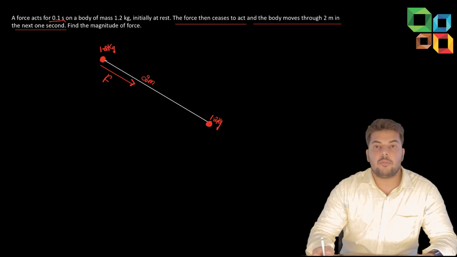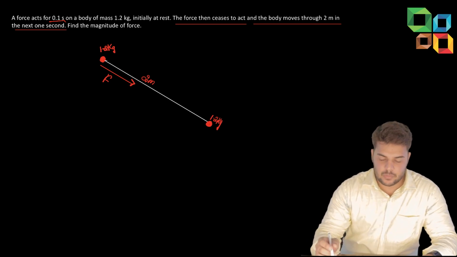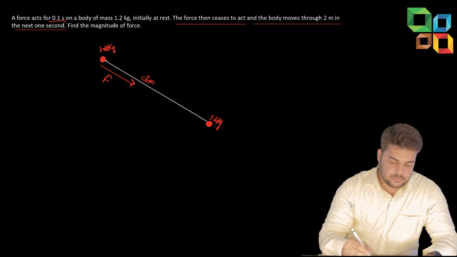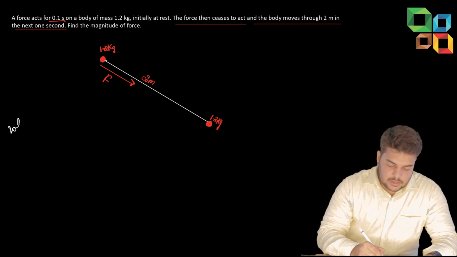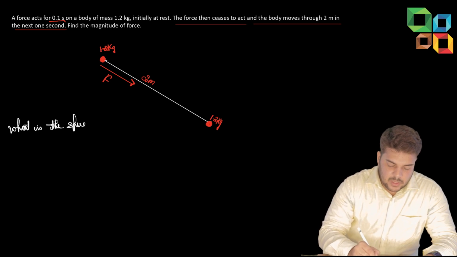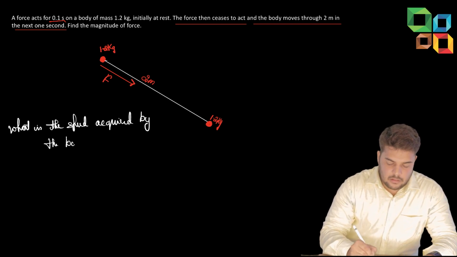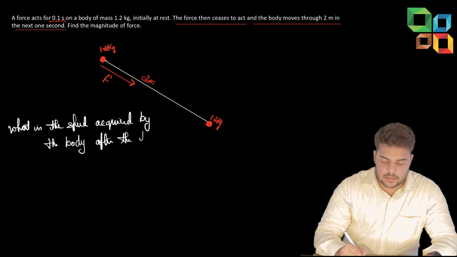So what must have been the final speed? What must have been the speed after the force stopped acting? What is the speed acquired by the body after the force ceases to act?